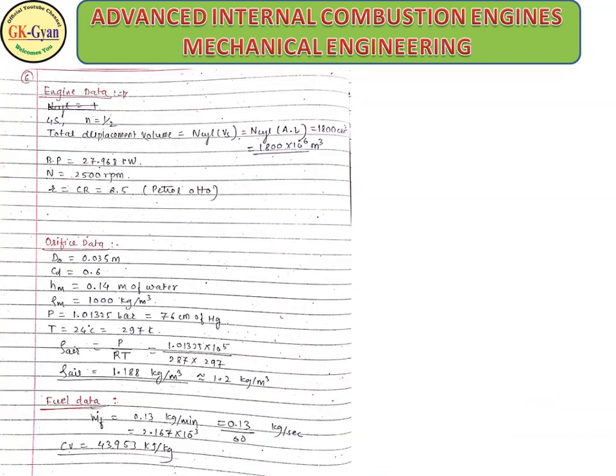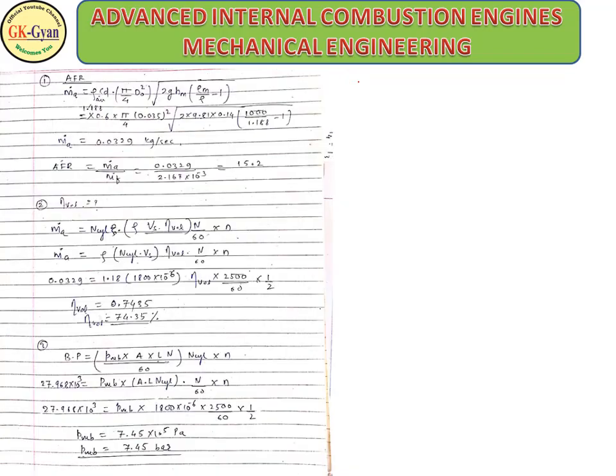So we know that air fuel ratio, AFR, is m dot A upon m dot F. First you have to calculate m dot A with the help of the formula.